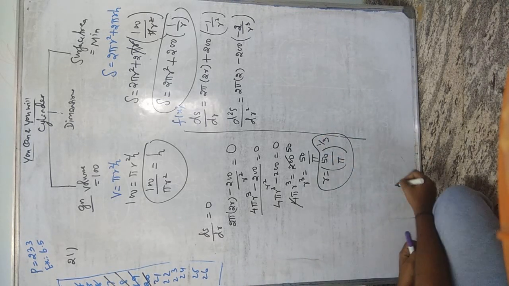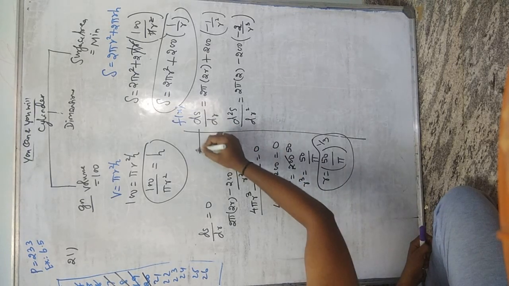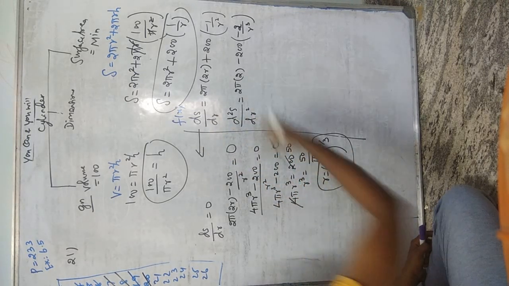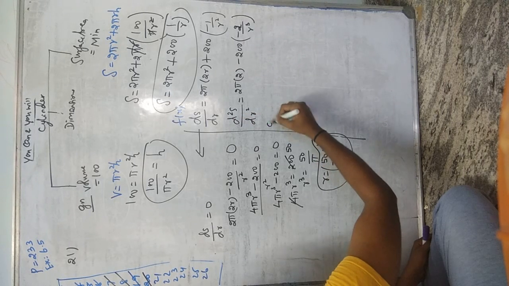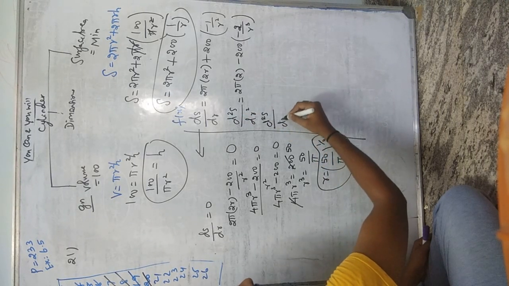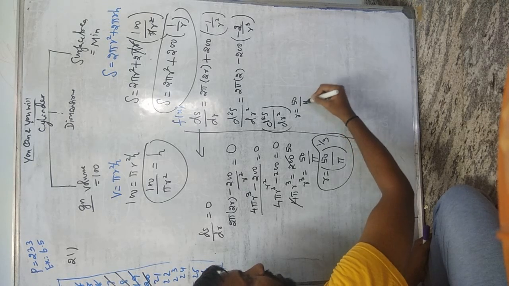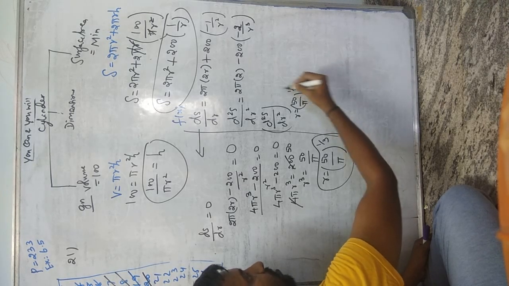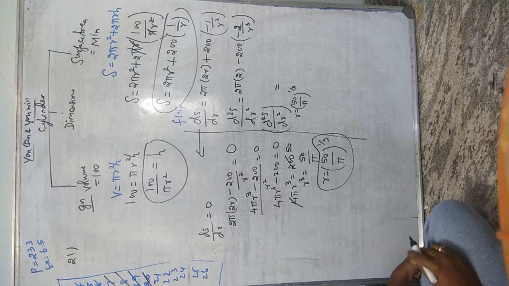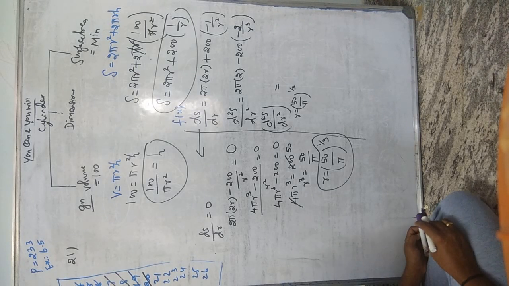Now after finding the critical point, the second derivative is ready. Substitute the critical point in d²s upon dr². So will you get a negative value or a positive value? 100% you will get a positive value.